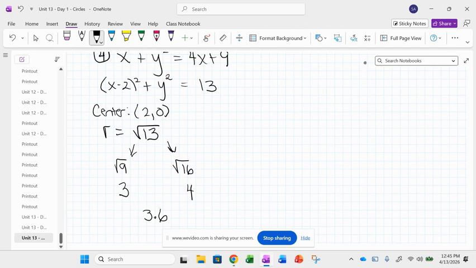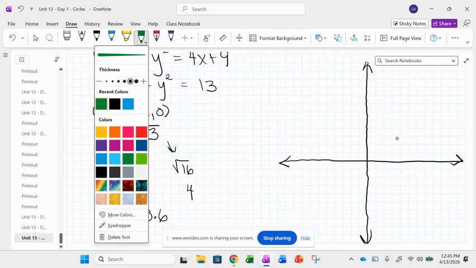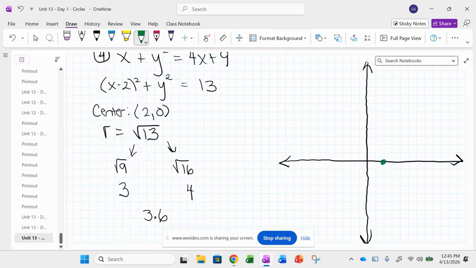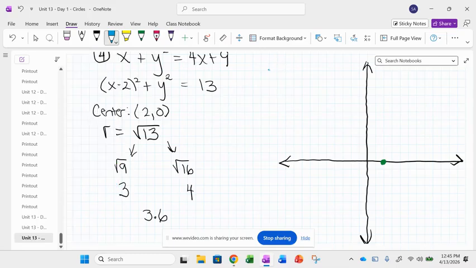So now when we go to sketch this, our center is 2, 0. And then what we're going to do is we're going to move about 3.5 in every direction.